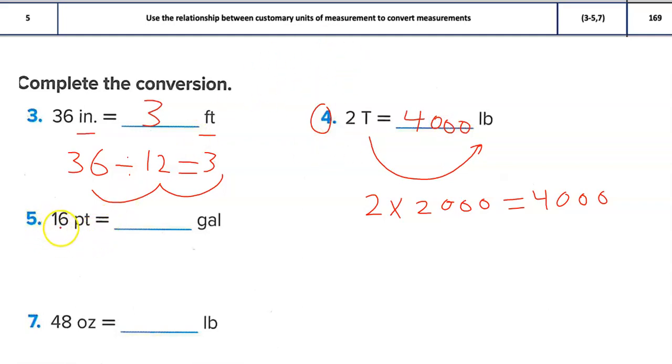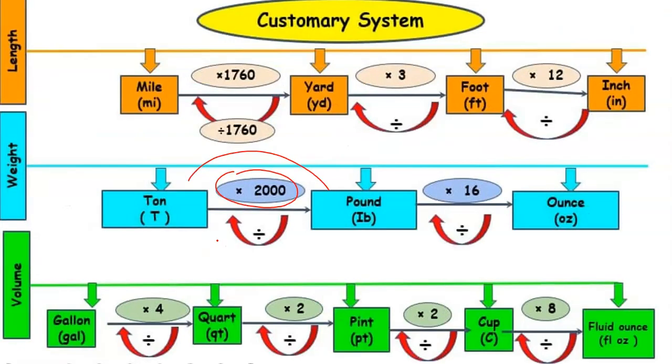For this question, I want to convert from pint to gallon. Let us go up. It's from customary units. From pint to gallon, it's from smaller to larger, so I use division. The first time I divide by 2, and then I divide by 4.